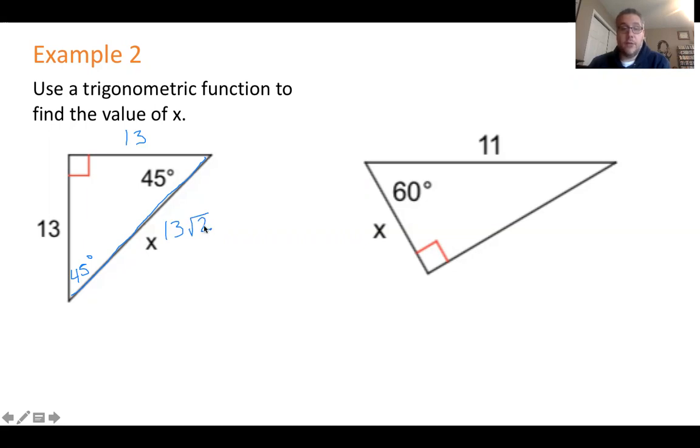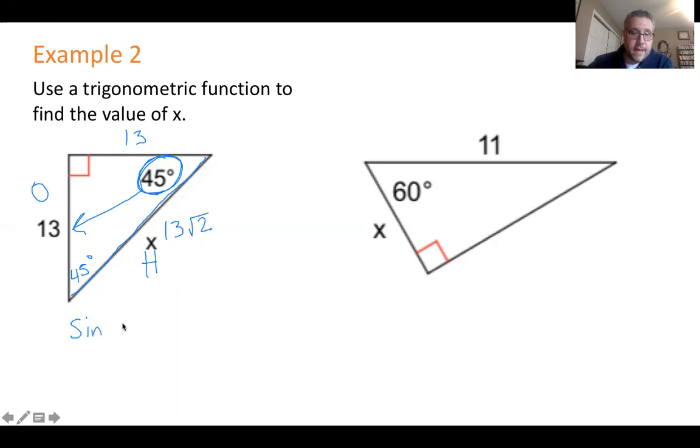If not, you can use the reference sheet from about 30 seconds ago, and you can do the following. You can say, okay, I need to find x, and I know 13, so if I use this as my reference angle, this would be the opposite, and this would be the hypotenuse. Opposite over hypotenuse is sine.